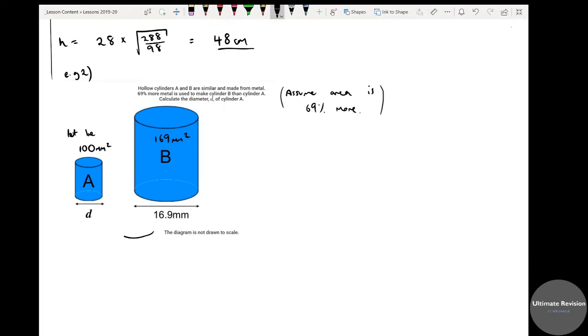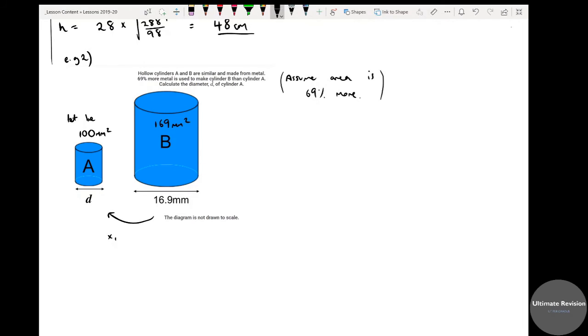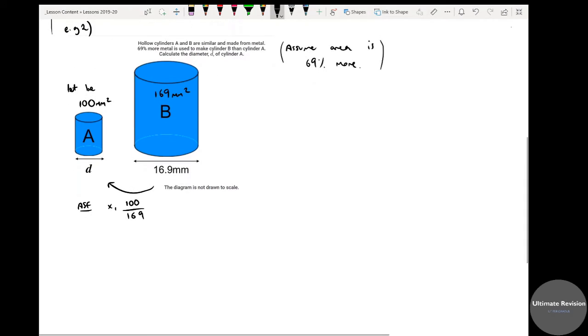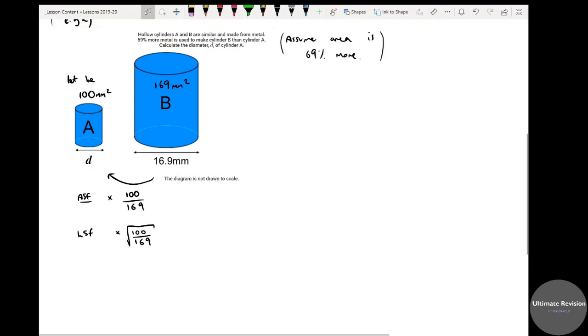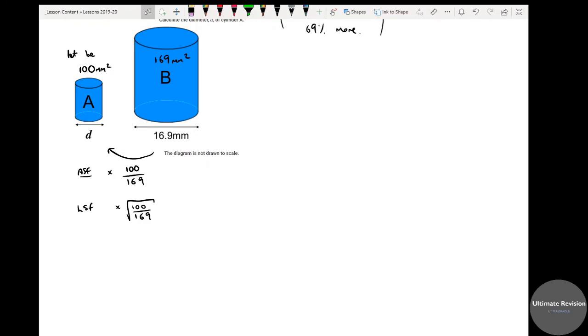Now to get from here to here, because I'm going that way, the area scale factor is times by 100 over 169. Therefore, the length scale factor would be times by the square root of 100 over 169. You might want a bit of surds practice. You can square root the top, square root the bottom. That's the same as 10 over 13.